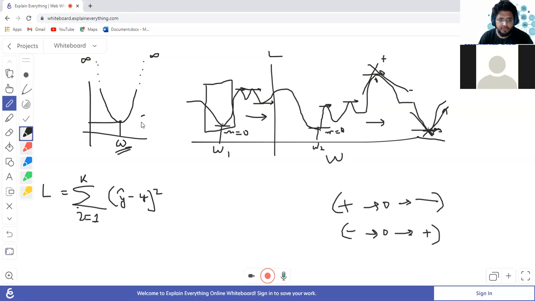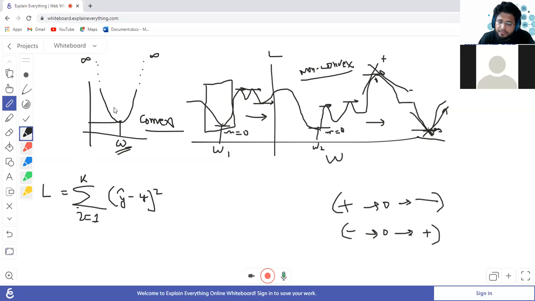So this is called a convex function. And this is called a non-convex function. Most of the ML algorithms will have a convex function. Loss function will be a convex function.